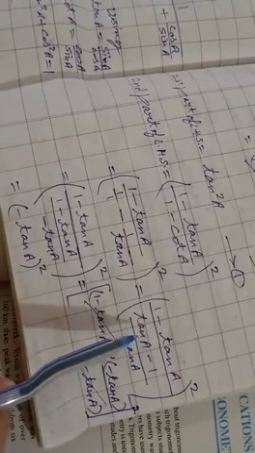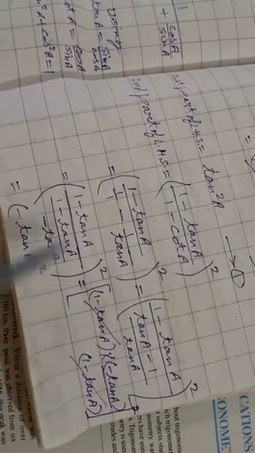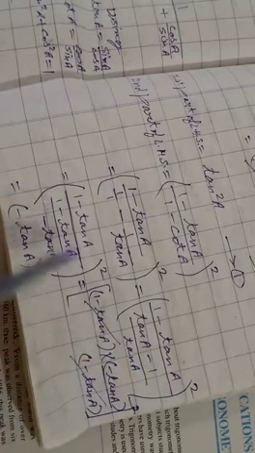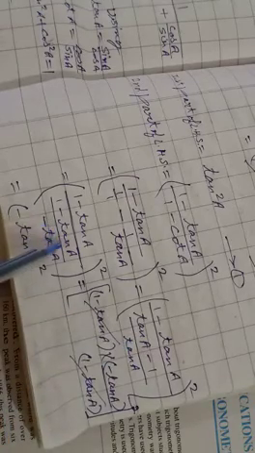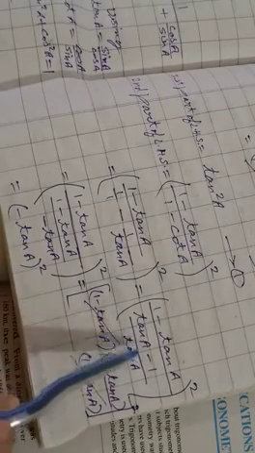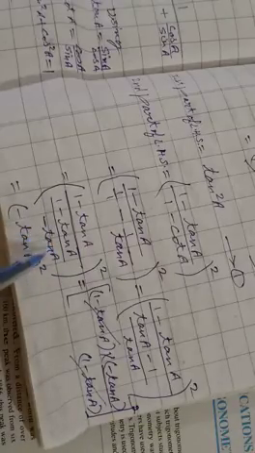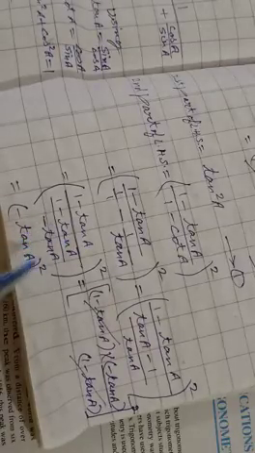Again, repeat. Take minus common from tan A minus 1. We get minus 1, that is plus 1, plus tan A, we get minus tan A, and in the denominator minus tan A. Tan A minus 1 upon tan A, we can write as 1 minus tan A upon minus tan A. And reciprocal of 1 minus tan A upon minus tan A is minus tan A upon 1 minus tan A. 1 minus tan A cancels out, we get minus tan A whole square.